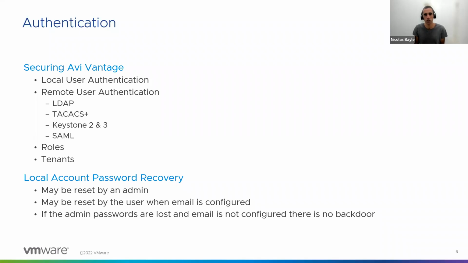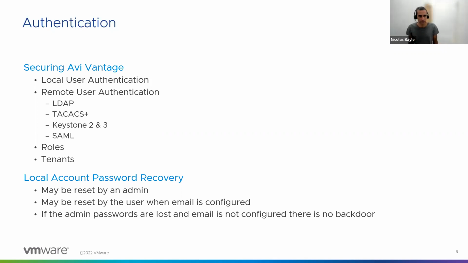So it's a new capability that I think it's new from 22.1.1, which is the latest version. And for this one here, you can mix only, I believe, SAML and LDAP, but you cannot mix everything. So for others, you will need to have another AVI controller if you have to integrate, for instance, Keystone and LDAP. I'm pretty sure you will need to have one AVI controller for your LDAP integration and one AVI controller for your Keystone integration.